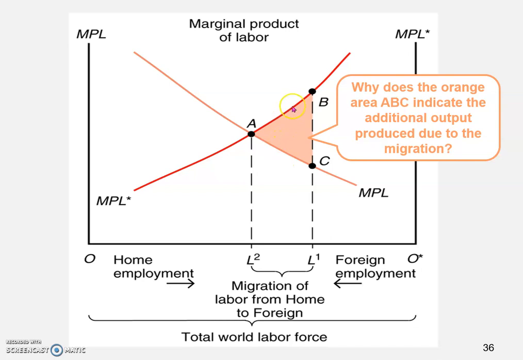Again, why does this orange area represent the additional output produced? This is something about the MPL or the area below the MPL curve. What does that represent? So here I give you a hint, and I hope you can figure this out. This is something you should already have learned in intermediate microeconomics.